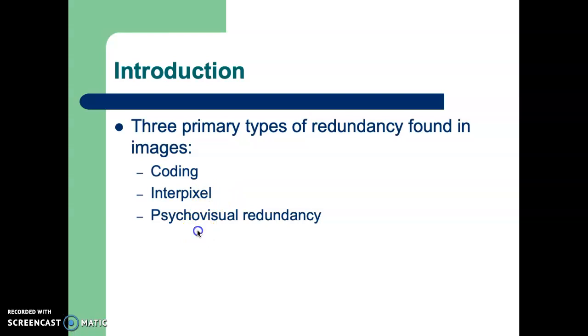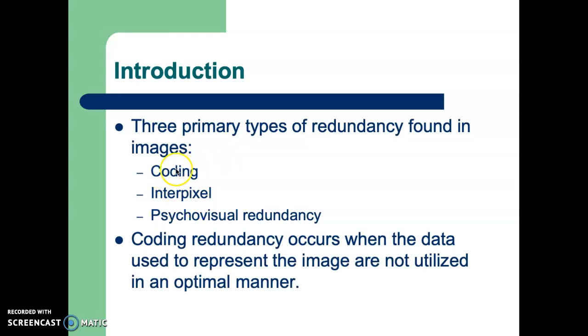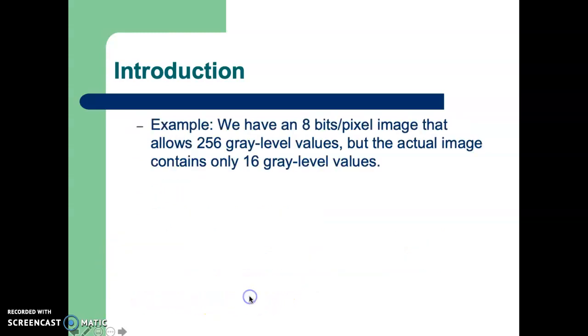psychovisual redundancy. Coding redundancy occurs when the data used to represent the image are not utilized in an optimal manner. For example, if you have an image with 8 bits per pixel, that allows 256 gray level values, but the actual image contains only 16 gray level values.